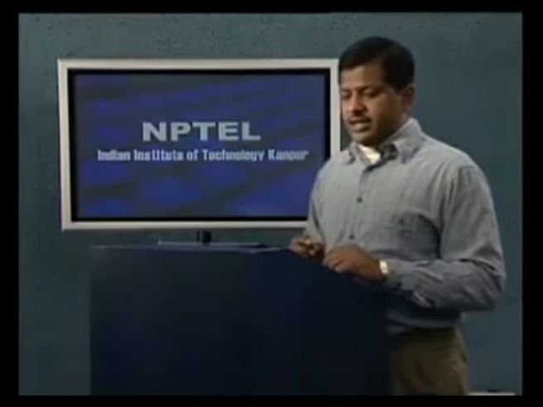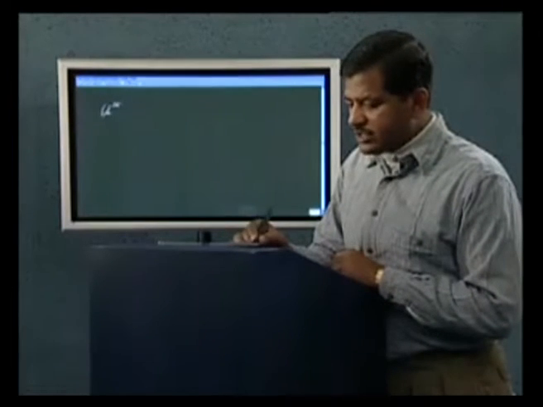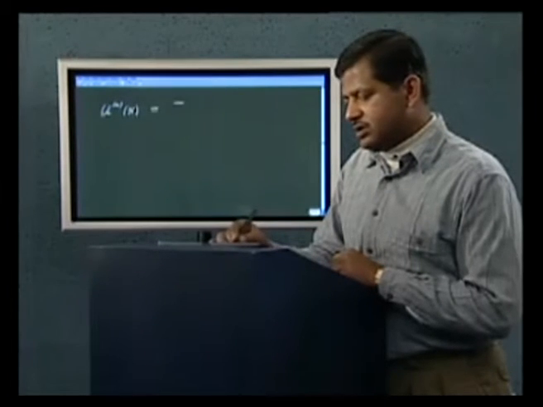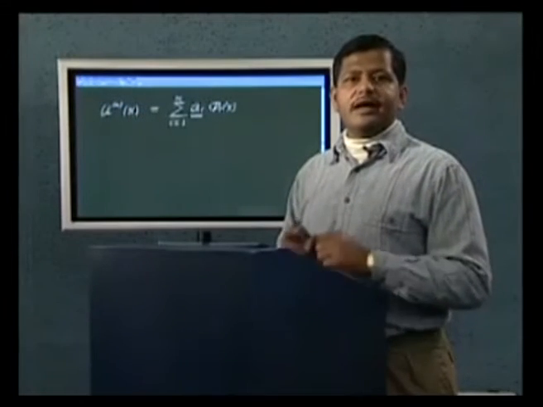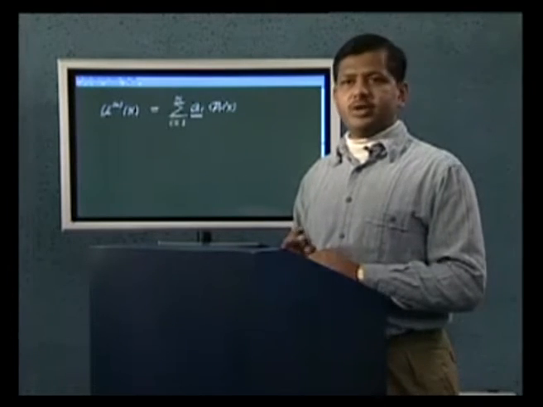Once we have obtained the solution vector A, we put it back in our expression for the solution, which, at least in our example, is the summation of A I phi I of x, where the A I's are now known. So this is how we construct a typical Rayleigh-Ritz or Ritz solution to a given boundary value problem.